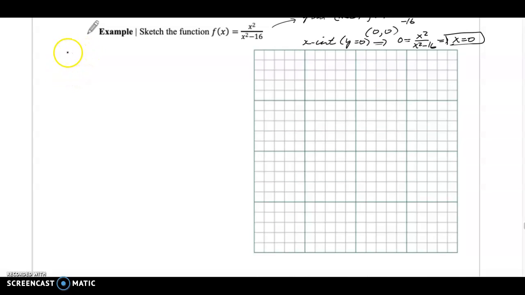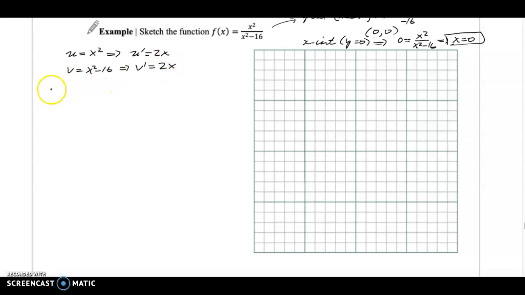All right. Let's do our first derivative test, which is going to be quotient rule. So u is x squared, which implies u prime is 2x. v is equal to x squared minus 16, which implies v prime is equal to 2x.